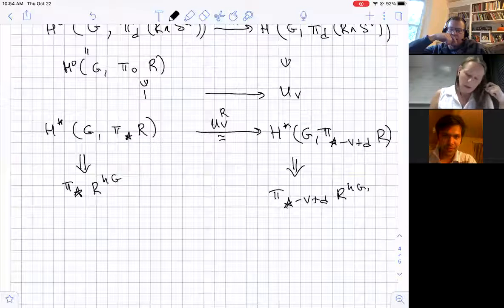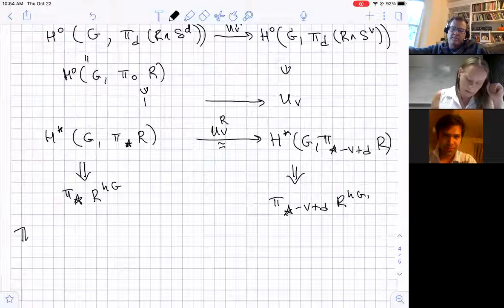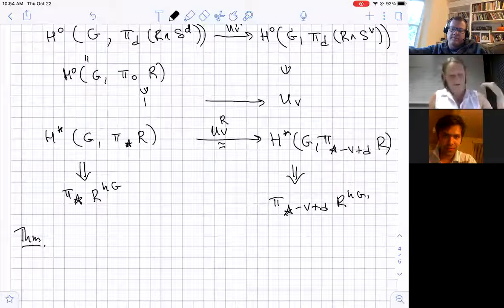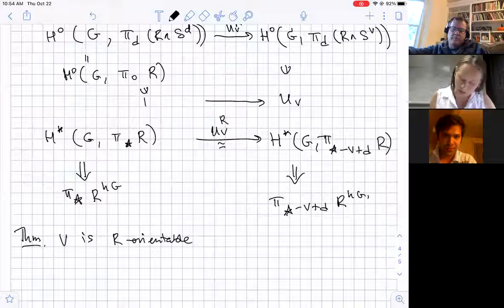But it's an isomorphism on the E2 pages. Now, here's a theorem. V is R orientable if and only if UV is a permanent cycle.